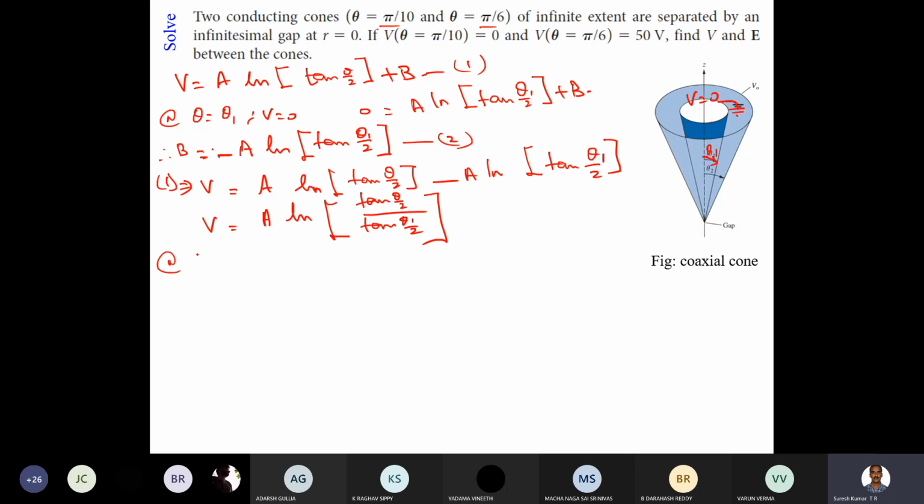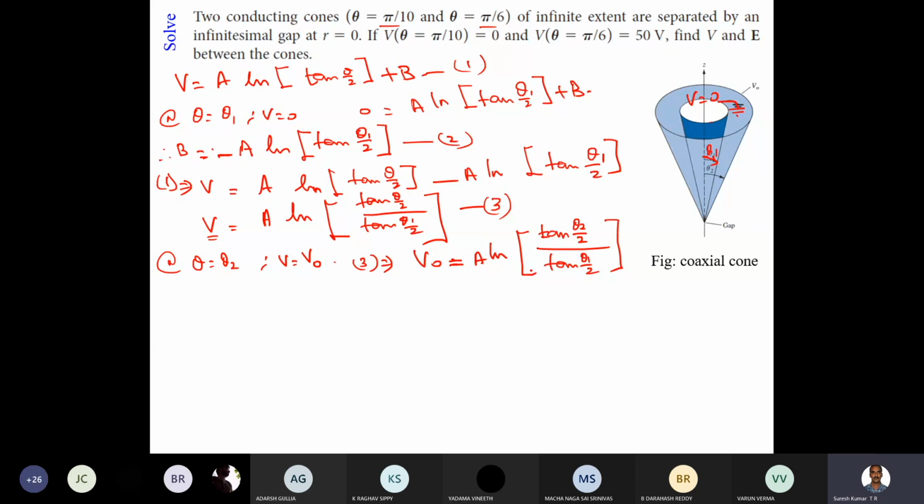Now apply the other boundary condition, that is at theta equal to theta 2, the potential is V naught. If you apply this, then V equals V naught, so V naught equals A natural log of tan theta 2 by 2 over tan theta 1 by 2.